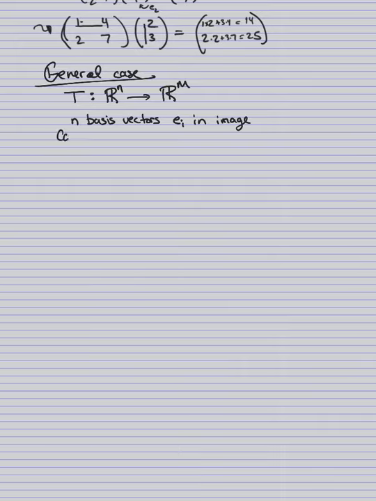I can write the image of each basis vector in terms of, maybe I'll call it the f sub i, which are just, again, the standard basis vectors, but now there's m of them. Okay, so i equals 1 to n, i equals 1 to m.